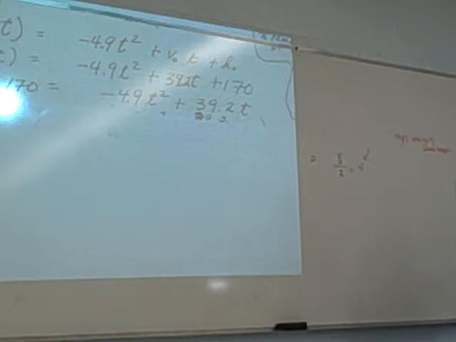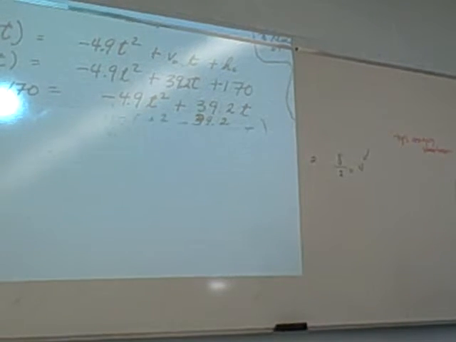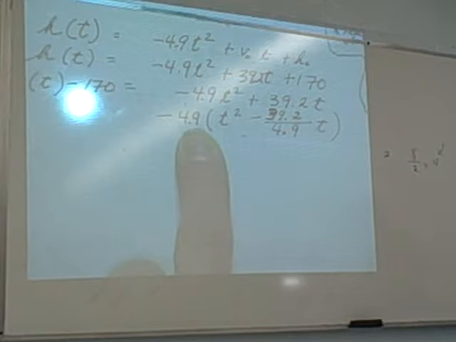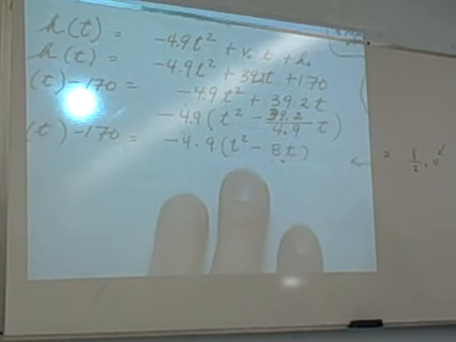Okay, so that's all they did in this particular problem. They said the numerical coefficient they were going to pull out was a negative 4.9. They factored out the negative 4.9 here, and then they said 39.2 divided by 4.9, in this particular case, comes out evenly.